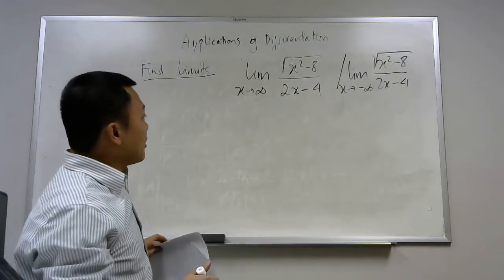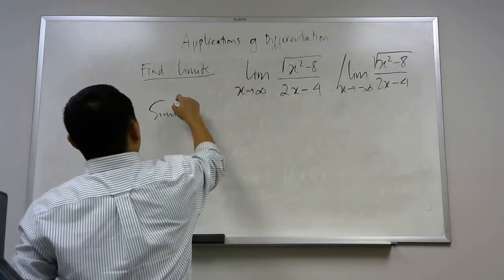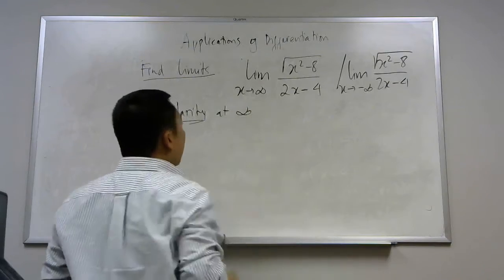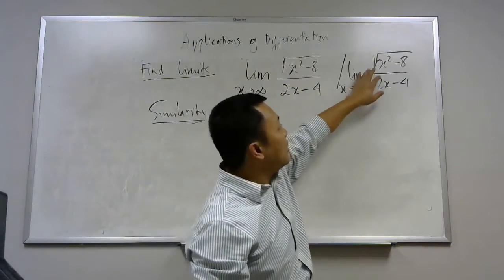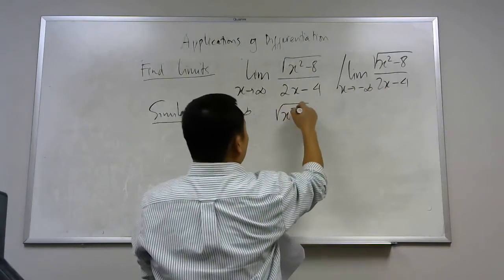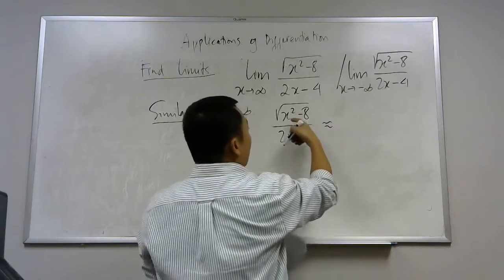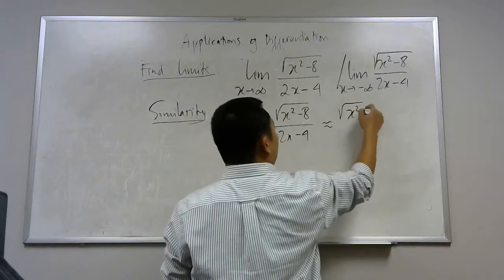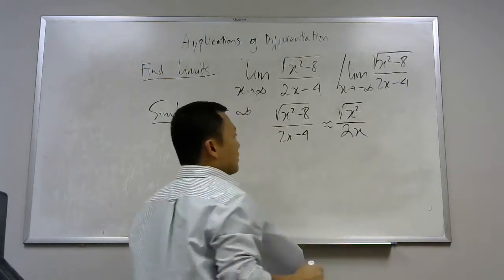Let me remind you about the similarity idea. At infinity, you have a polynomial here and a polynomial here. So at infinity, square root of x squared minus 8 over 2x minus 4 is similar to, on the top, I only pick the term with the highest degree, so I have square root of x squared, and here I have just 2x.